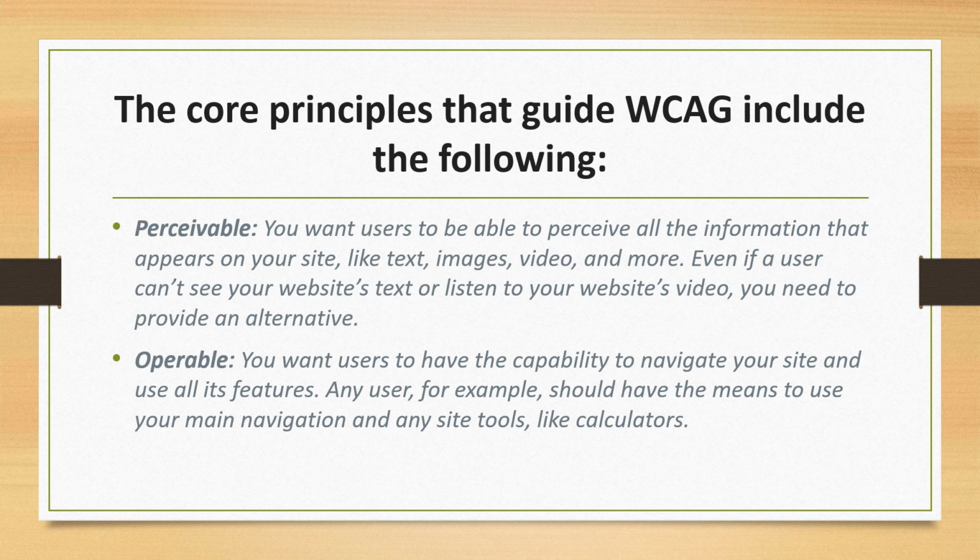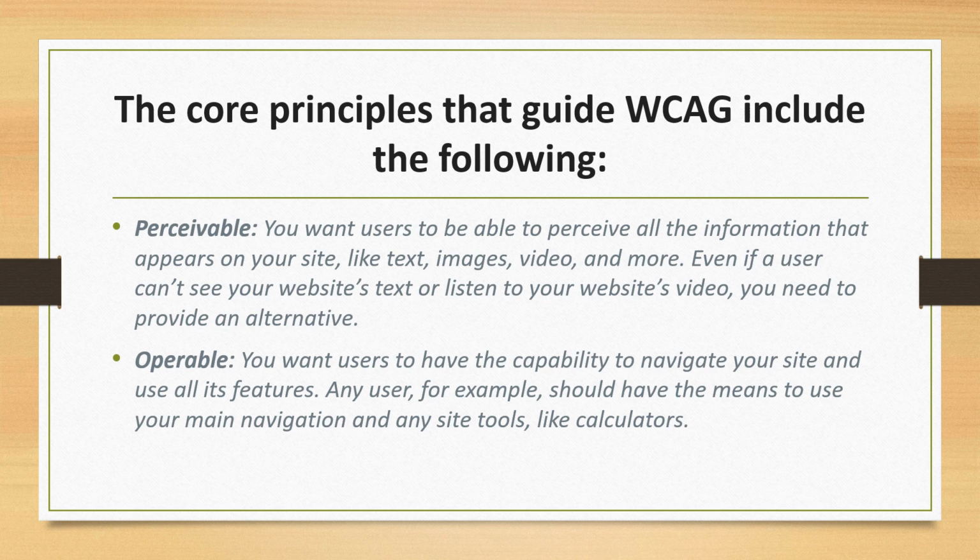So, for example, for the first one, perceivable, you want users to be able to perceive all the information that appears on your site, like text, images, video and more. Even if a user can't see your website's text or listen to your website's video, you need to provide an alternative. So that is what perceivable means. There is another principle that is called operable. You want users to have the capability to navigate your site and use all its features.